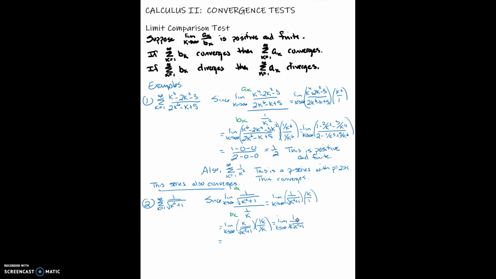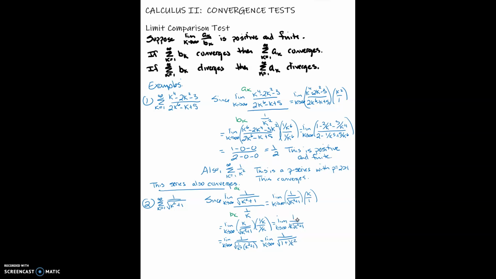We can do a little bit more with that. I'm going to actually put that 1 over k inside the radical. Putting it inside the radical makes it 1 over k squared times k squared plus 1. Now I'll distribute that inside the radical. So inside the radical, there in the denominator, we have 1 plus 1 over k squared.